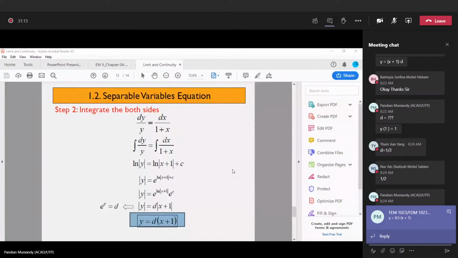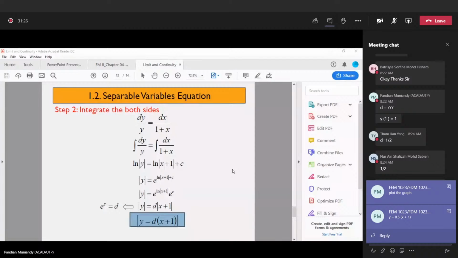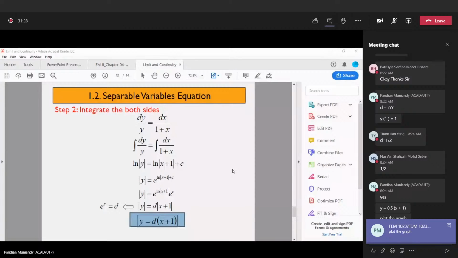So you can plot the graph now. Can you plot the graph? This is further investigation, because later on, if you solve this problem using numerical method, Euler, Runge-Kutta, you can compare the solution.